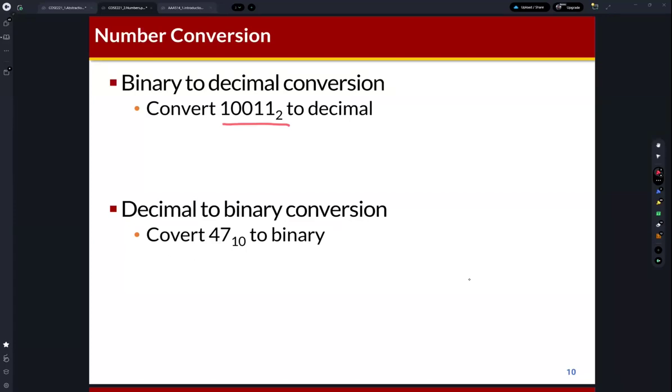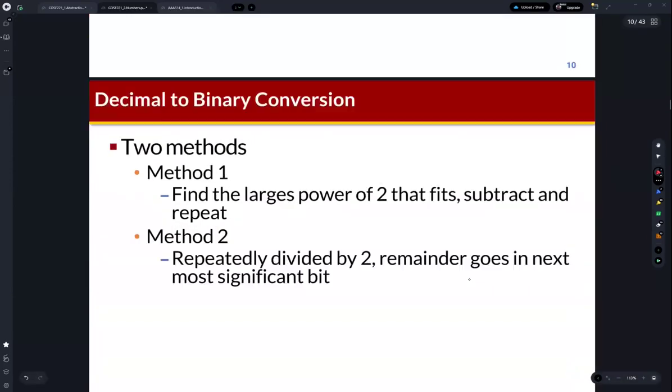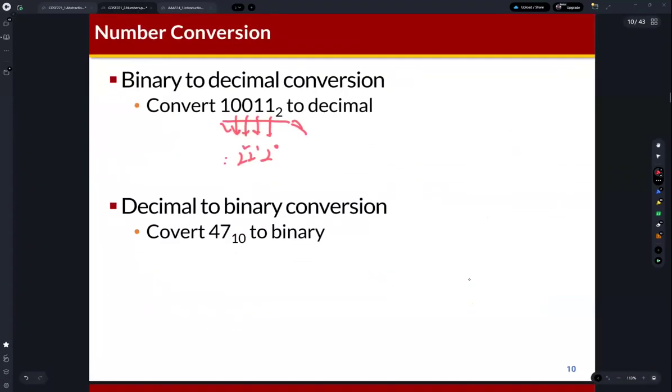I mentioned that each digit has a magnitude, right? So this is 2 to the 0, 2 to the 1, 2 to the 2, and so on. Then we can write the equation like this.